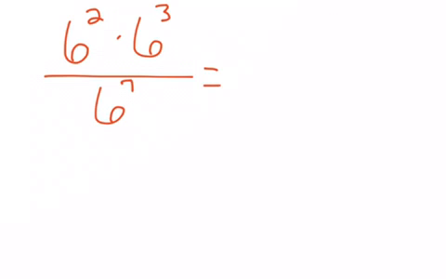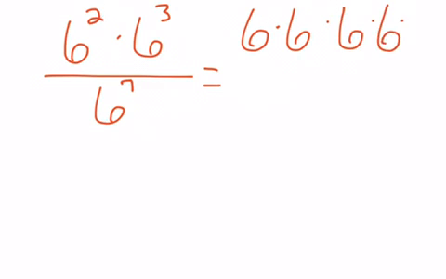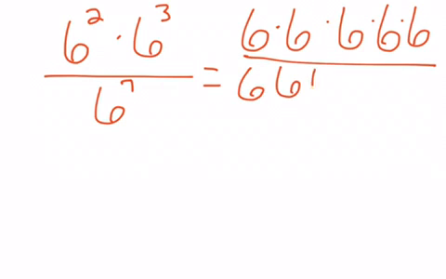So how we might do this and simplify this or evaluate it is 6 squared is 6 times 6. 6 cubed would mean 3 more 6's. And on bottom, we would have 7 6's. And those are all multiplied together.